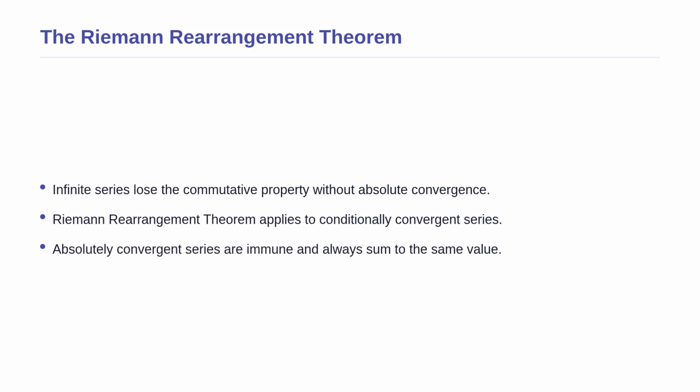The famous Riemann rearrangement theorem states that if a series is only conditionally convergent, you can rearrange its terms to make it sum to absolutely any number you want. But an absolutely convergent series is completely immune to this chaos, always summing to the exact same value.